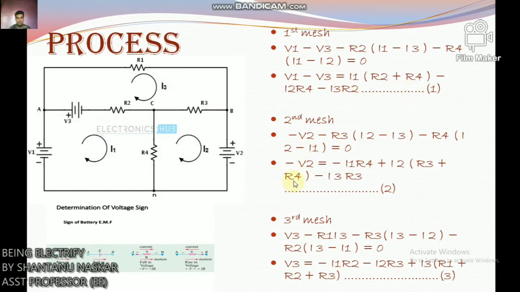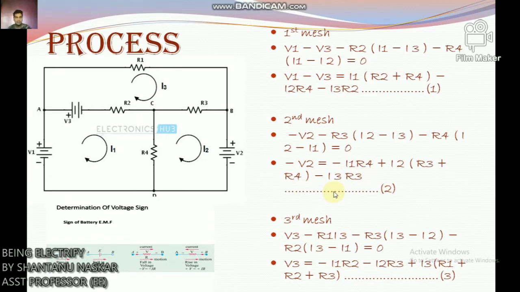Now the second mesh: similarly, applying KVL around the second mesh, minus V2 minus R3 within bracket I2 minus I3, minus R4 within bracket I2 minus I1, equals 0. That means minus V2 equals minus I1 R4 plus I2 within bracket R3 plus R4, minus I3 R3. This is equation number 2.